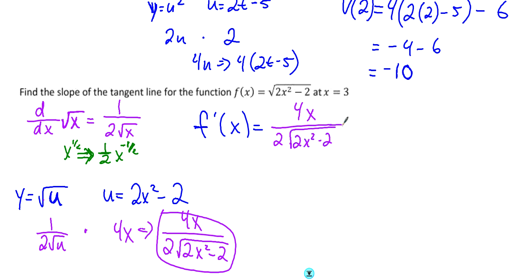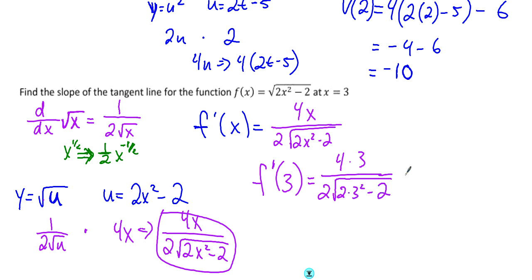Okay? Now I need to find f prime at 3 because that's where I want the slope. So you plug in 3. 4 times 3 is 12 over 2 square root of 2 times 3 squared minus 2, which means you get 12 over 2 square root.